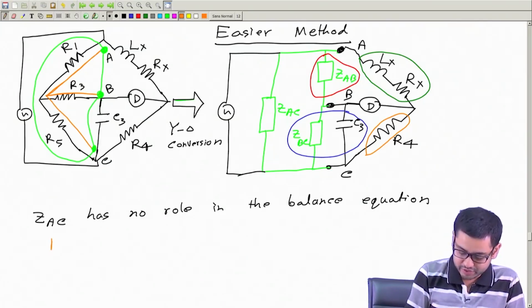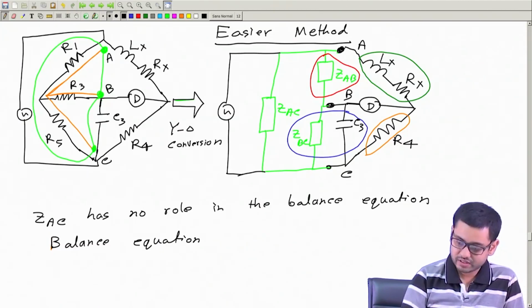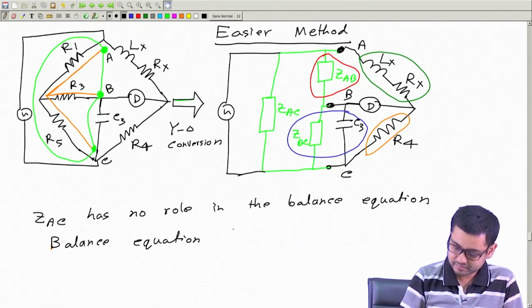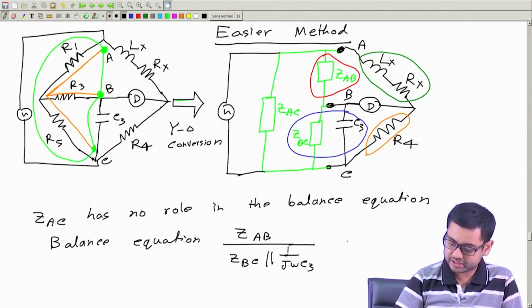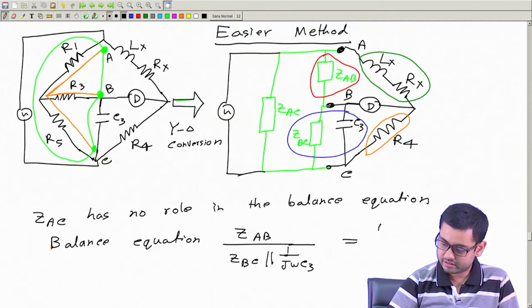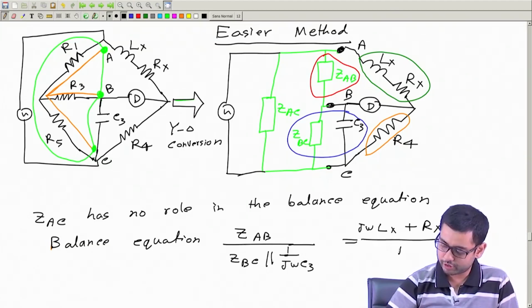Therefore, the balance equation we can write: ZAB by this is the same as j omega Lx plus Rx, this branch, divided by R4.